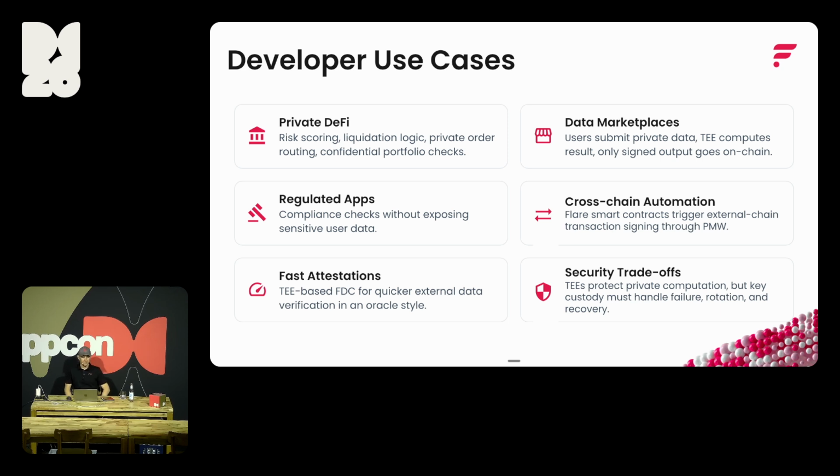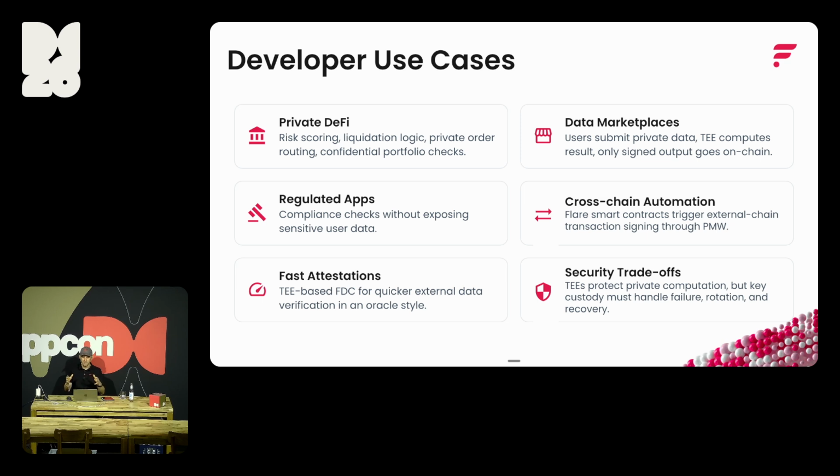And with the time I have left, I want to quickly explain what could be even more developer use cases, because the relatively simple application I showed just goes and reads the information from an API, and you are encoding this API key, which is not visible. But there could be even more use cases, like for instance private DeFi applications.